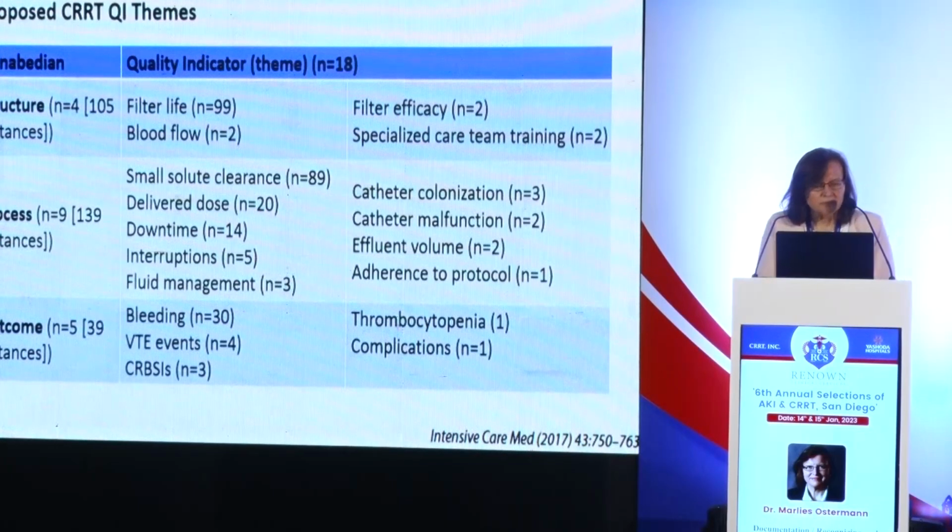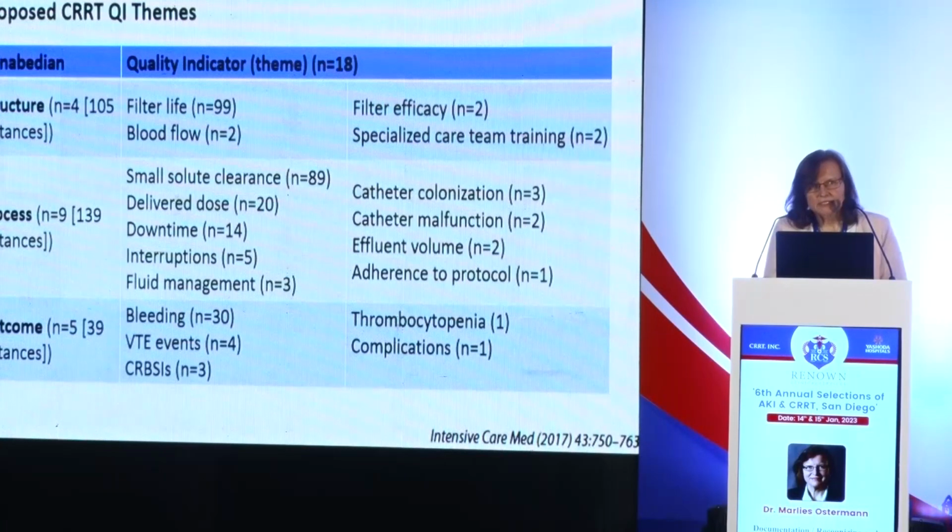Some of them related to the infrastructure, so the structures required to deliver CRRT. Some refer to processes, and as you can see here, I've listed the various processes that have been used as quality indicators in the literature. And some of the studies looked at outcomes, and again looked at various different outcomes.